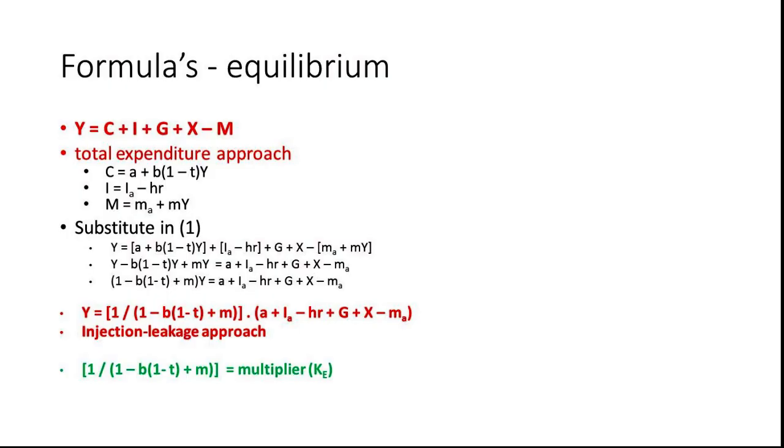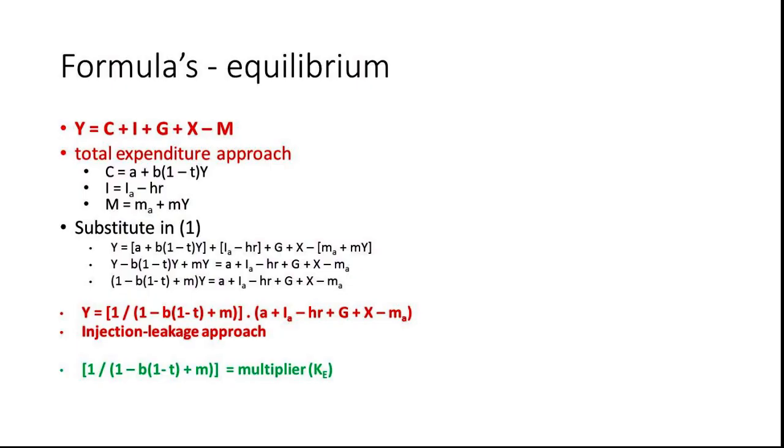There's also an exogenous level of consumption that is fixed even when income is zero. We know that in investment there's a fixed level of investment, and it also is negatively related to the interest rate R. So we know that on the import side, there's a fixed level of imports when incomes are zero, but there's also a marginal propensity to import and a positive relationship between imports and income.